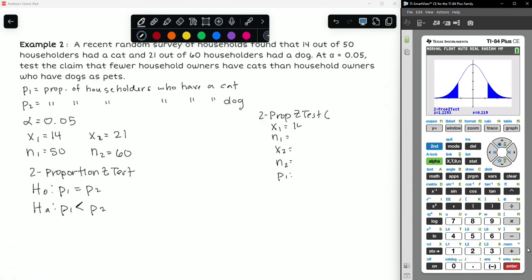So we have 14 and 50, 21 and 60, and a claim of less than. And we know this is a z-test. And we're going to get a test statistic and p-value out of our calculator.